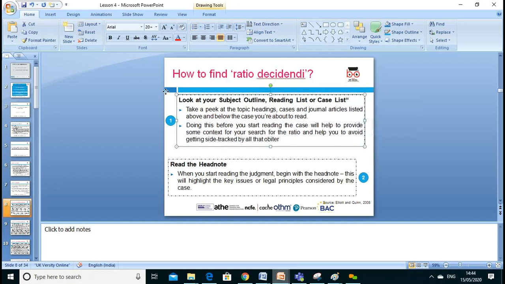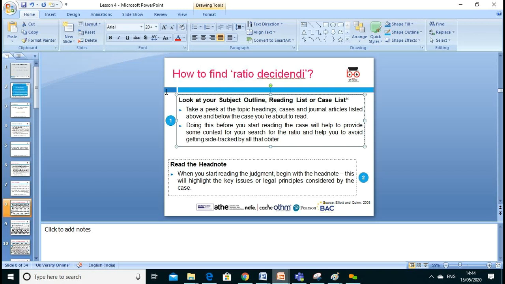Doing this before you start reading the case will help to provide some context. So look at the title of the case, the parties between. And maybe if you want to read quickly, because sometimes the cases are so long and lengthy, it's good to go through the decision and the outcome of the case. That will help you look at the interest of the case, if you can't read it in full.